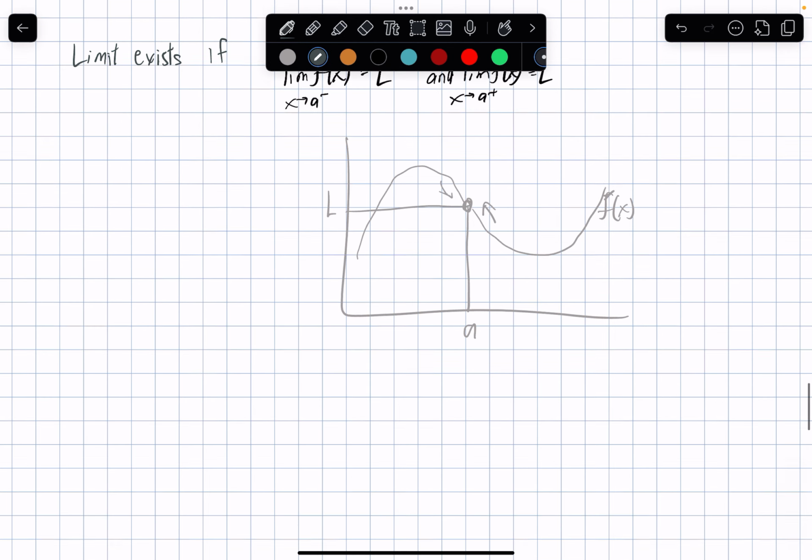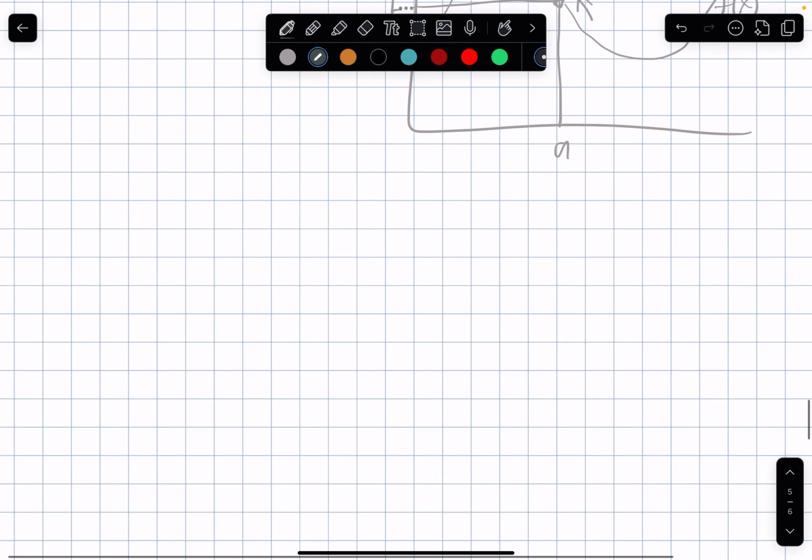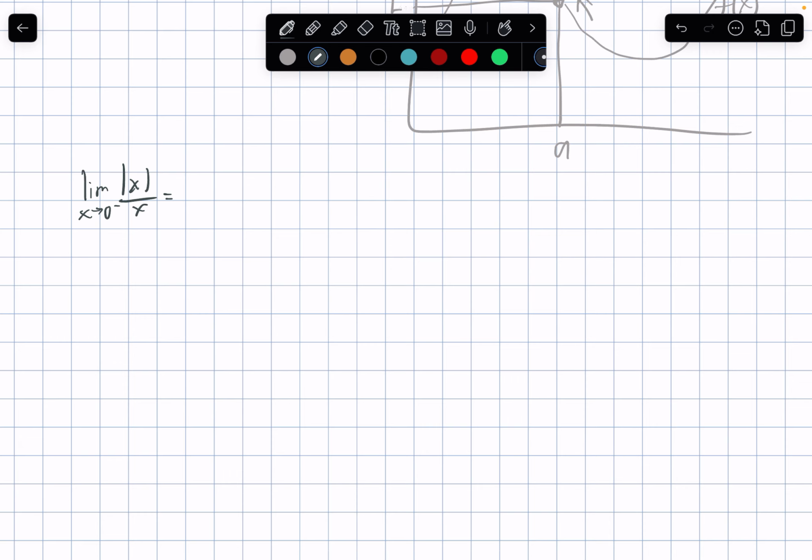So how about sample problems? Let's say this one, x approaches 0 from the left side. How do we solve for this? One way is, we all know that one of the closest values to 0 from the left side is negative 0.00001.